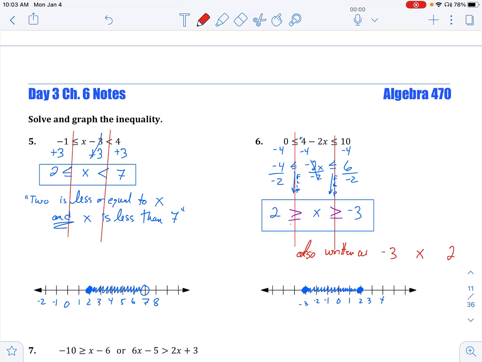So I can write this like that. And this would be also able to be written like this. And those are equivalent expressions or inequalities. They're just a matter of whether or not we are putting the small number on the left or the large number on the left, being that 2 or that -3.